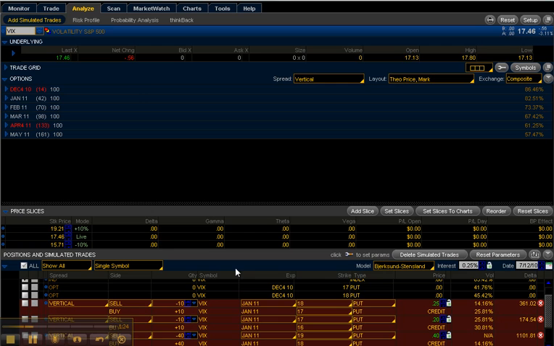So we can see that these levels of 17.46 where the market is trading at the moment is really low. I want to capitalize on this. I want a position that will benefit as the price goes up. So we're going to look at making this VIX trade.